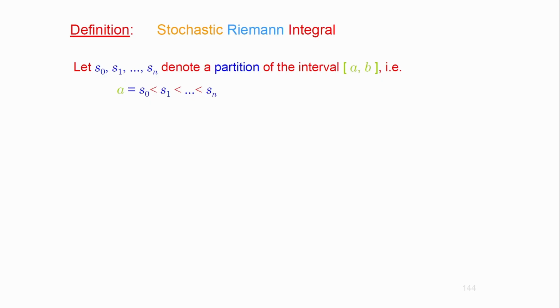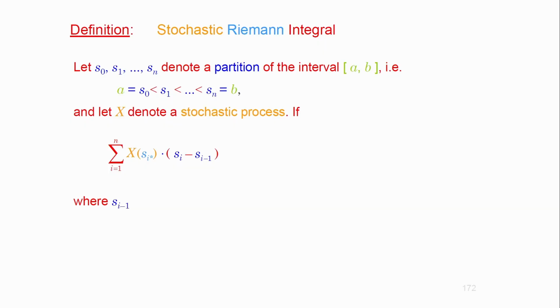Then you also have a stochastic process. Now, if the following sum converges in mean square, that is what the convergence is, convergence in mean square, you remember that. I'm not going to recall what it was, but I repeated that definition 2 weeks ago, in lectures 5 and 6, I think.